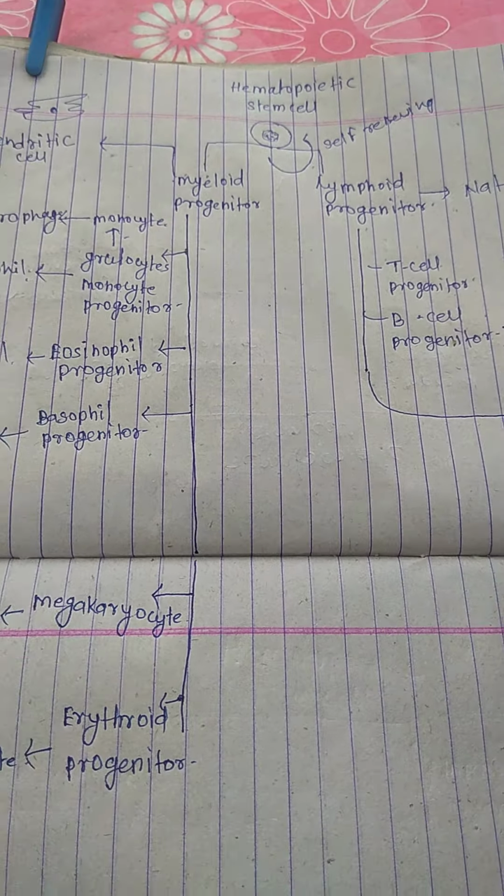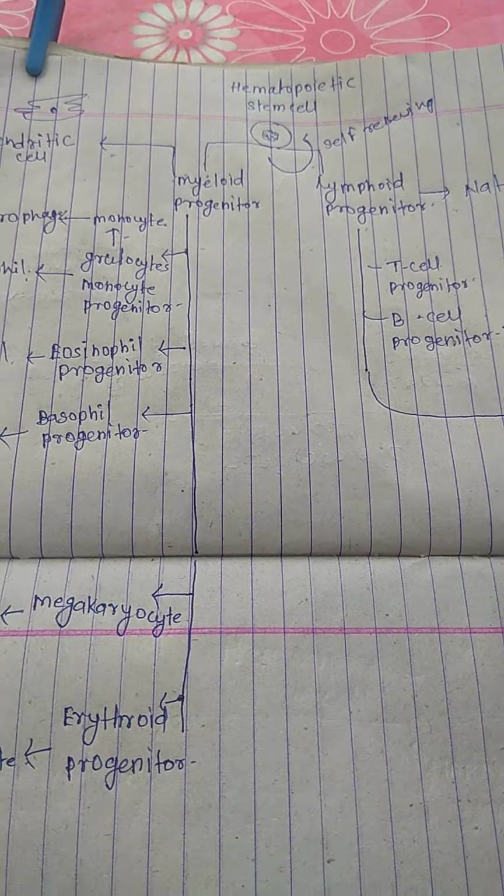But lymphoid progenitors directly differentiate into natural killer cells, which have a very important role in the defense system inside the body. After that, lymphoid progenitor cells develop into T cell progenitors, which mature into T cells.